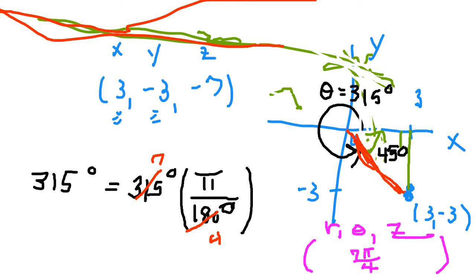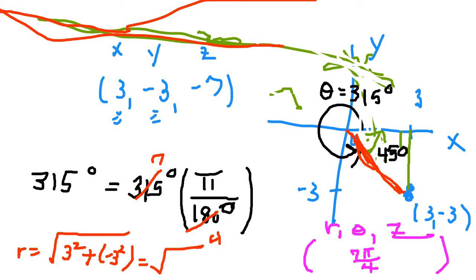So the radius would just be, by the Pythagorean theorem, the square root of 3 squared plus negative 3 squared, which is the square root of 18. In simplified radical form, that's equal to 3 times the square root of 2.